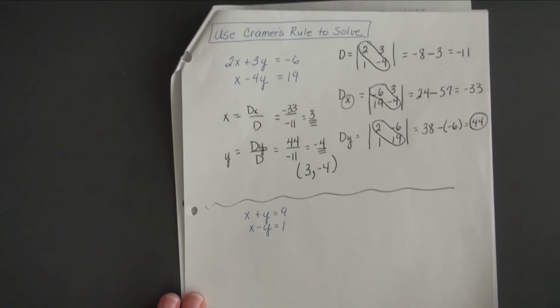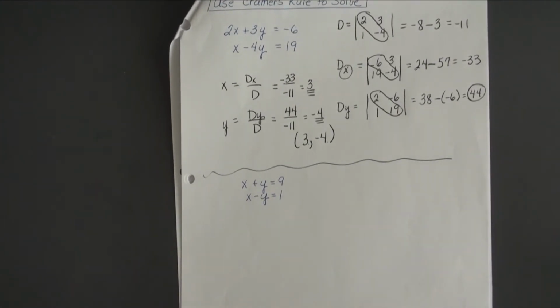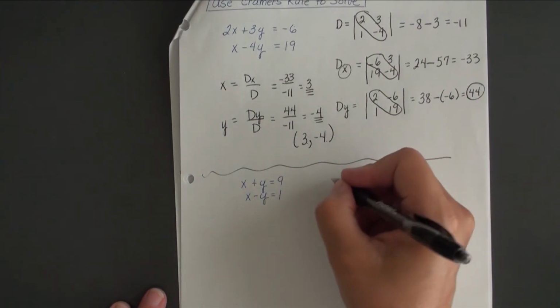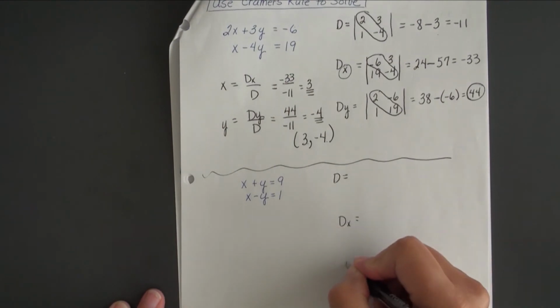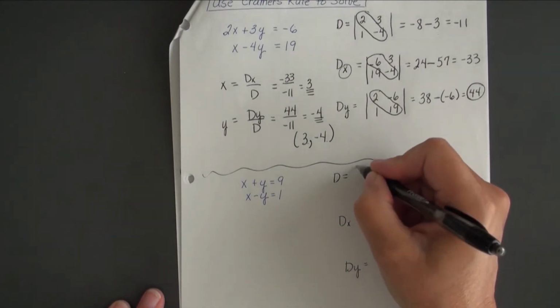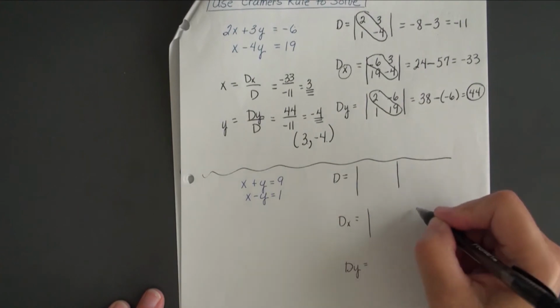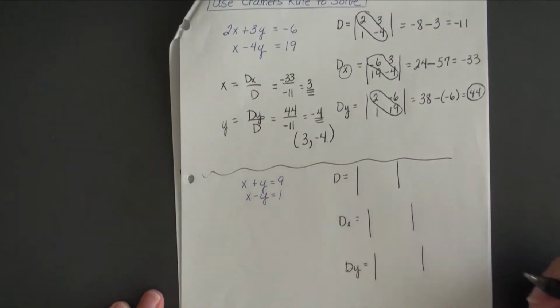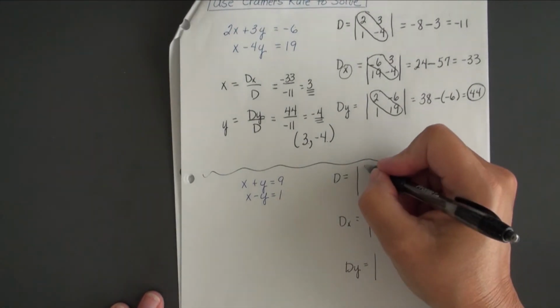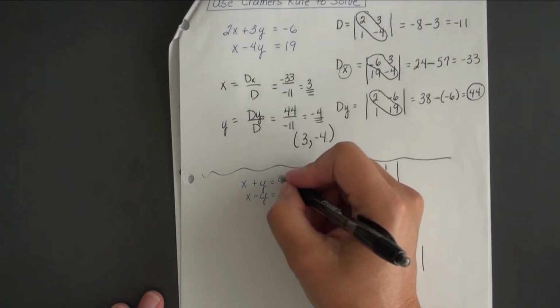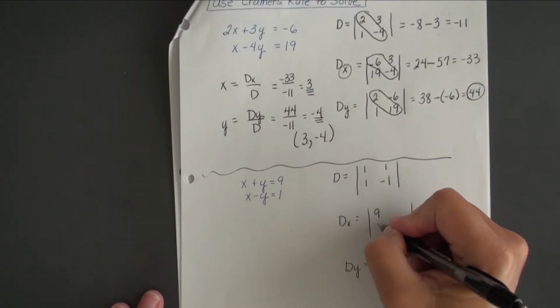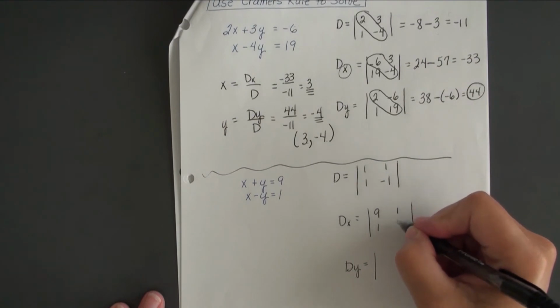Now I'm going to go through the process again for this problem so that you can see just one more example. We're going to set up our D, our D sub x, and our D sub y. They will all be 2 by 2 determinants. D will be the coefficients of the x's and the y's. For Dx, we're going to put the 9, 1 in the x column, and the y column will stay the same.